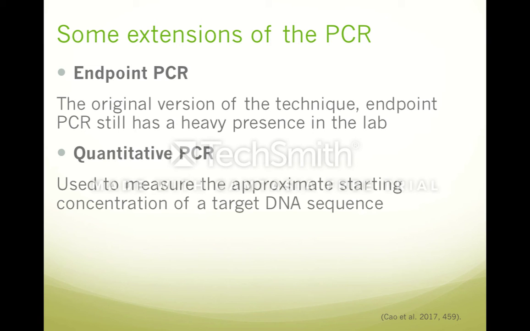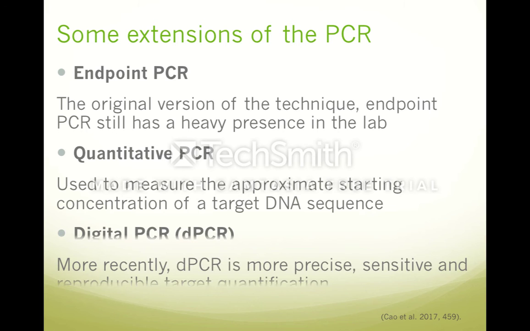The quantitative PCR, developed in 1992, is also popular, and this technique has enabled quantitative detection and also provides an absolute result. And finally, the digital PCR or dPCR has more recently become readily available. Compared to conventional PCR technologies, dPCR enables a more precise, sensitive, and reproducible target quantification.